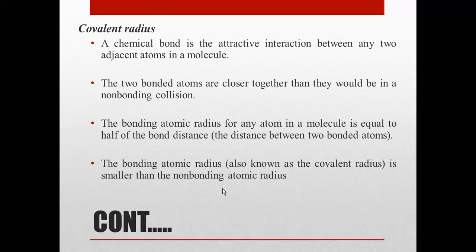The non-bonding atomic radius is the van der Waals radius. Why? In the van der Waals case there is no attraction, there is a distance in between, they are non-bonded. But when you take the covalent radius, it is the bonding radius. Therefore, they are together, so the distance for the bonding radius is always smaller than the non-bonding atomic radius.